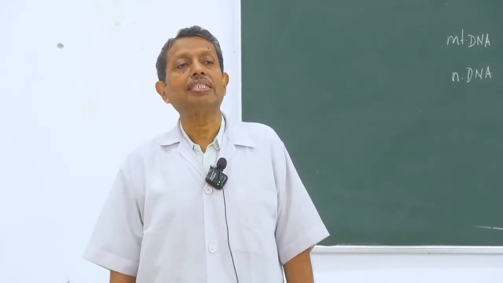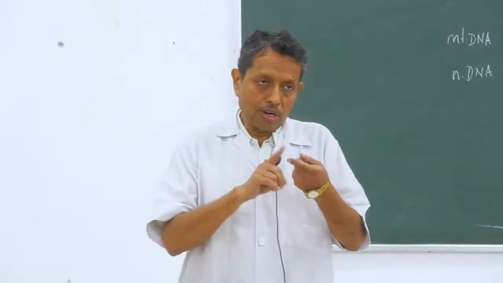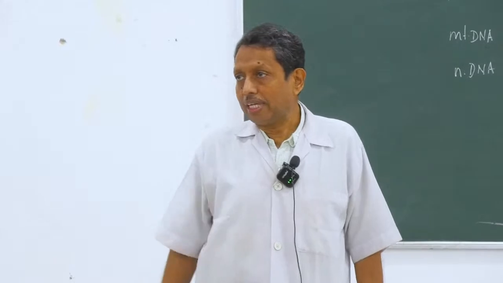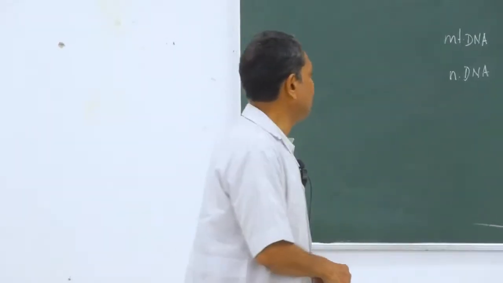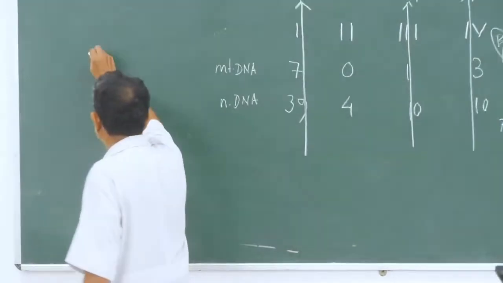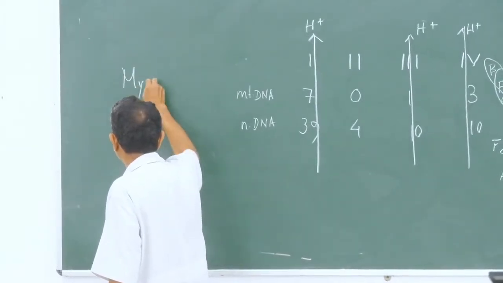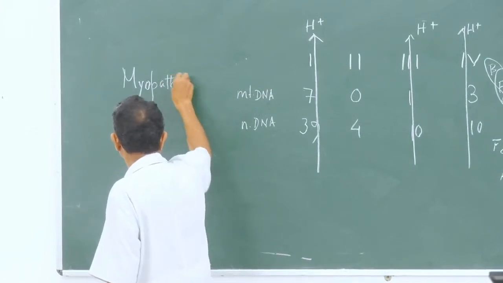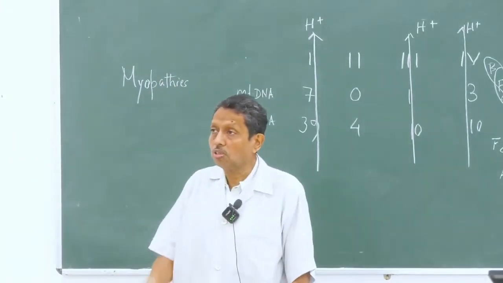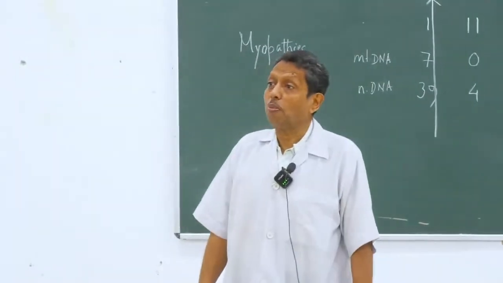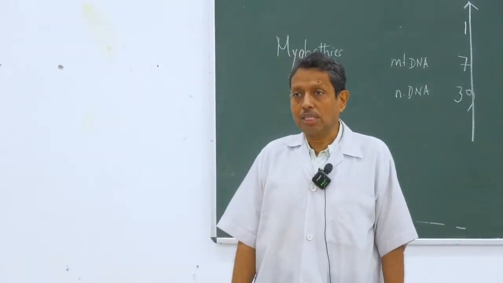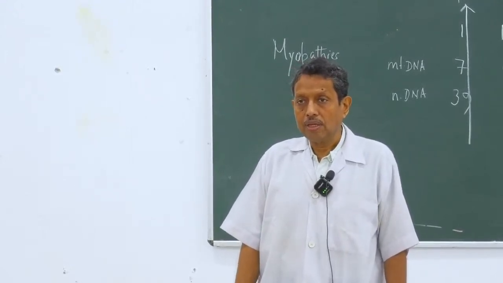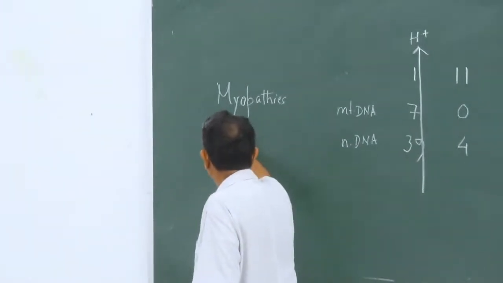And your common sense dictates in which organs there is requirement of more energy, and they will be affected first. Like muscle. So predominant symptoms are myopathies, mitochondrial myopathies. Neurons are affected. So encephalopathy is there. They are continuously active, and they require energy.